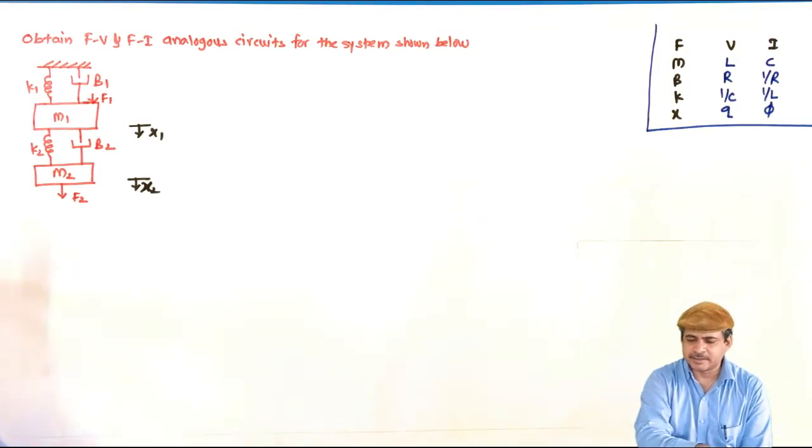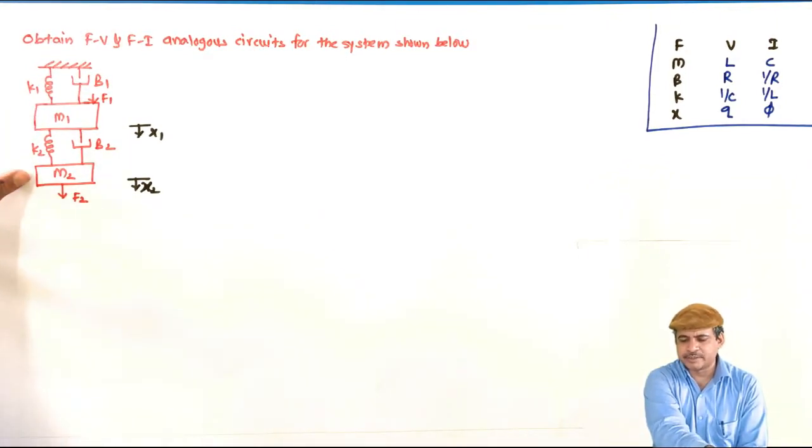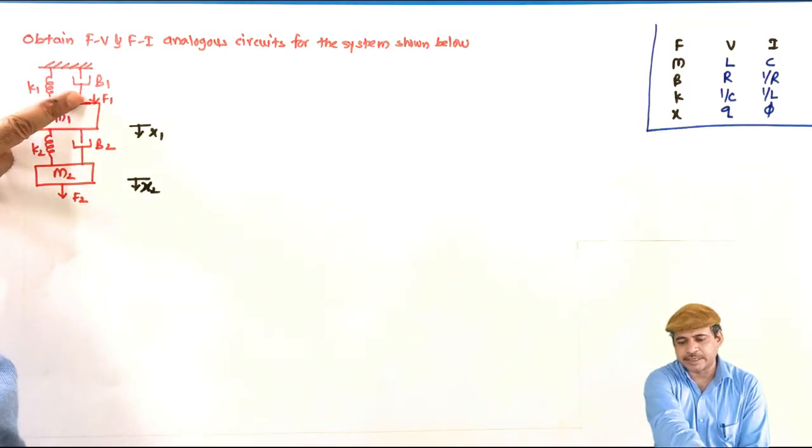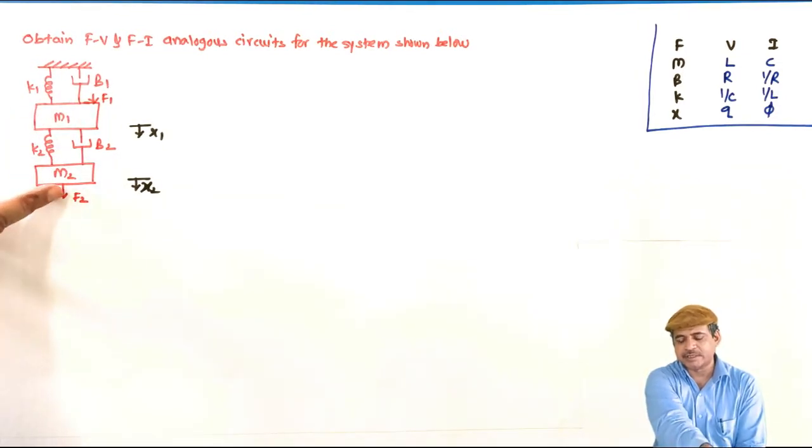In this case, there are two bodies and we have forces acting upon M1 as well as M2.